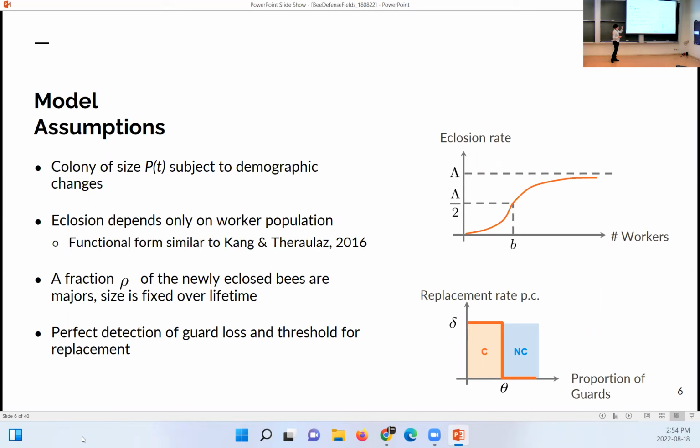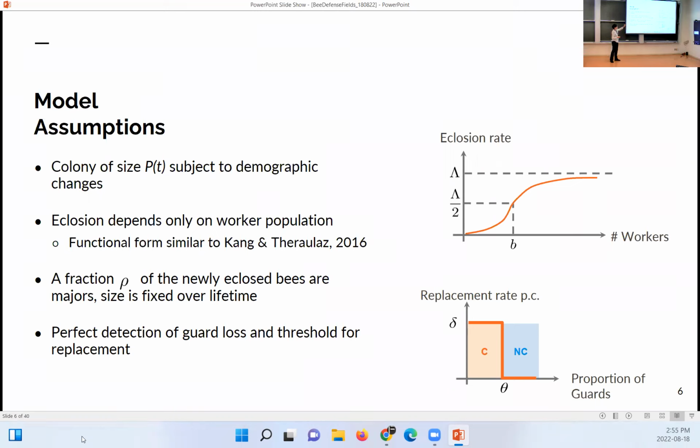And this will be a saturating function whose maximum is the egg laying rate of the queen. So only the queen lays the eggs, and then all the other workers need to maintain those eggs and take care of them until they eclose. That's why it's a saturating function. If you don't have any workers taking care of the eggs, then you don't have any eclosion at all.